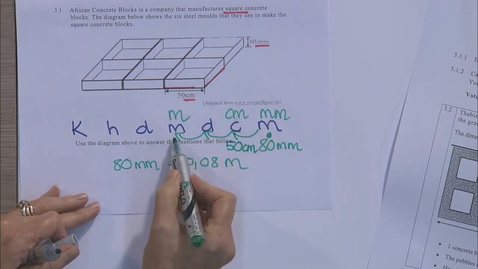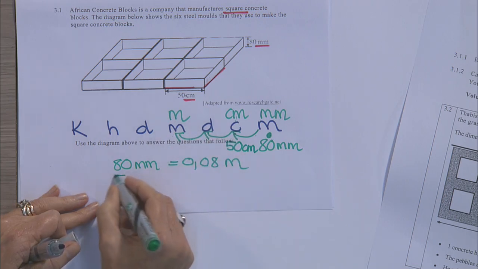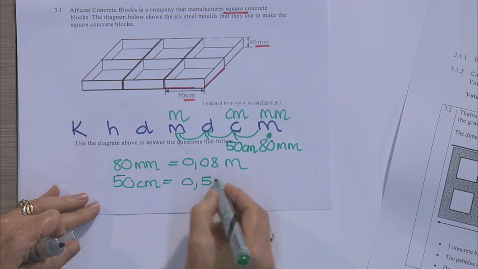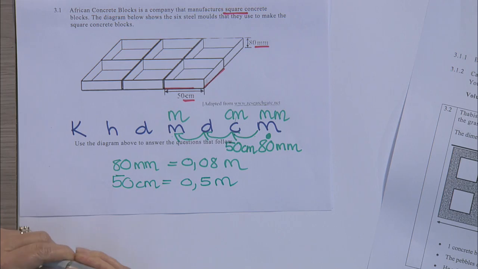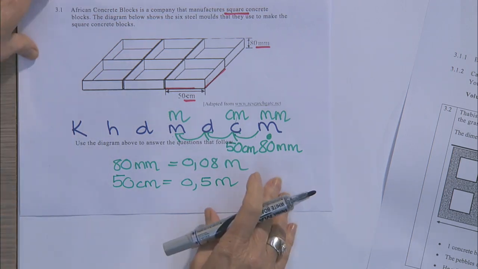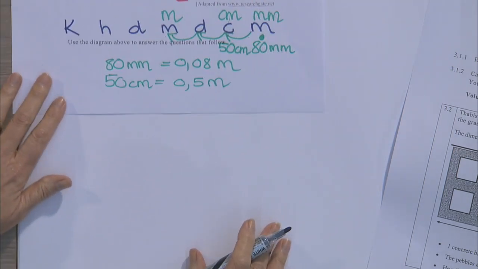And then I need to go to meters, divide by 10, divide by 10. So 50 centimeters will be 0.5 meters. Very important to know your conversions.